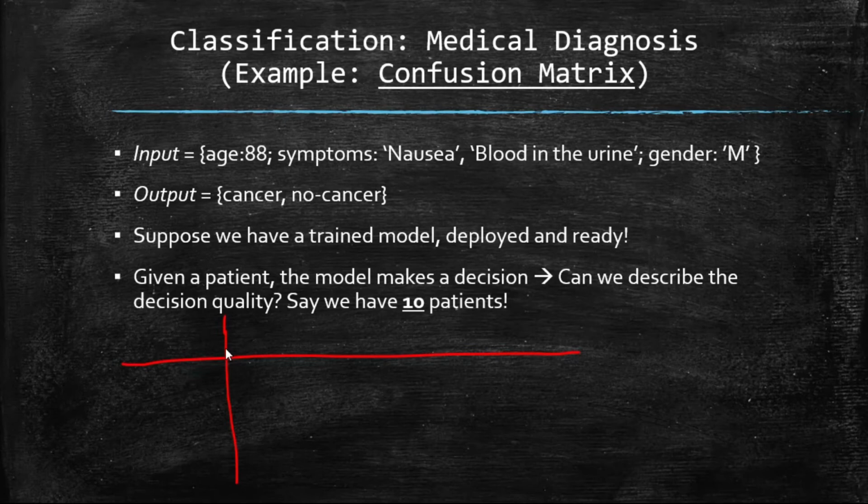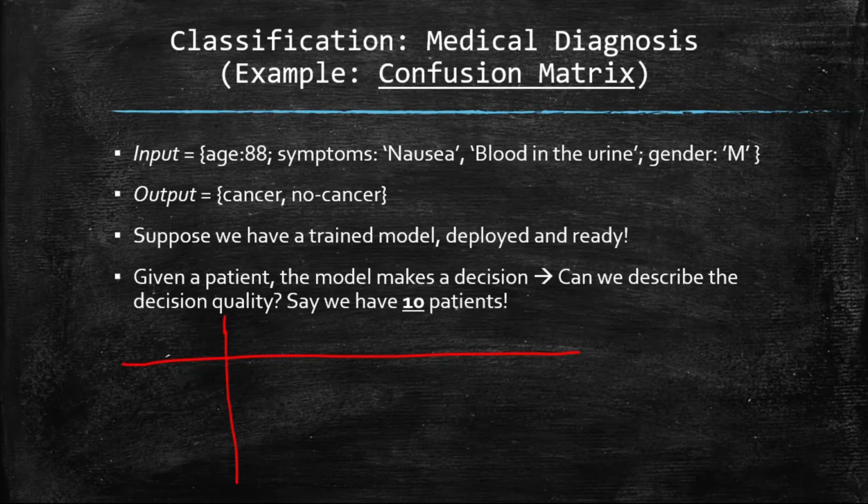Each time your system sees those patients, it makes a decision, whether a patient has cancer or not, and then you'd like to measure how well you have done, right? So you have this table right here, which you can also call a matrix. That table is called the confusion matrix.